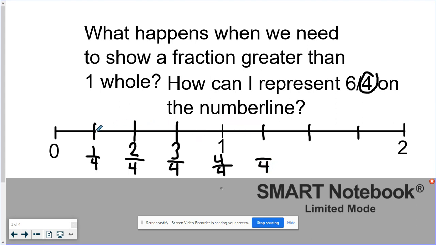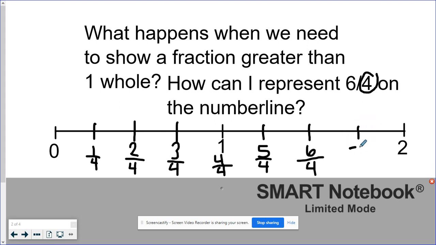However, my numerator is counting the unit fractions. So that's 1, 2, 3, 4. So this would be 5/4 because it's the 5th unit fraction of this line. This one would be 6/4. What do you think this one would be?